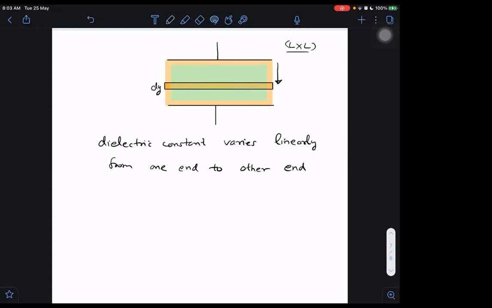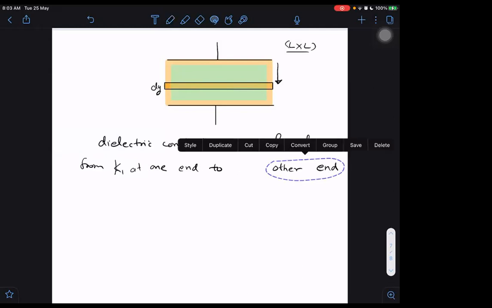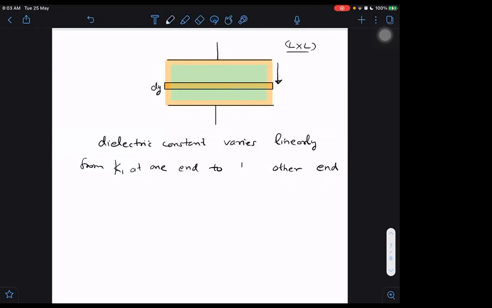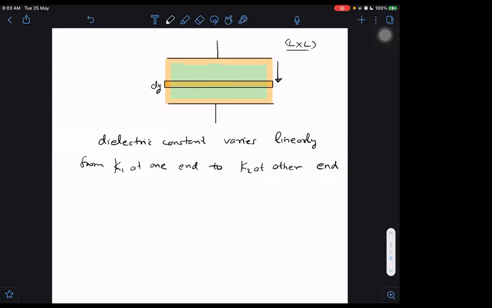I should write from K1 at one end to K2 at the other end. It is varying from K1 to K2. At this end it is K1 dielectric constant, at the other end it is K2 dielectric constant.